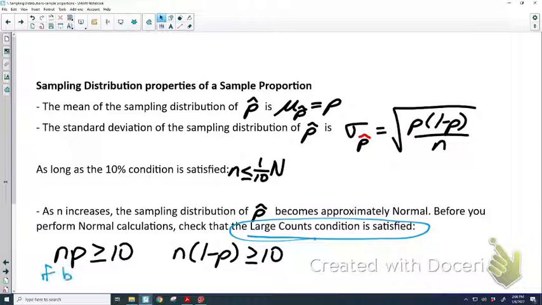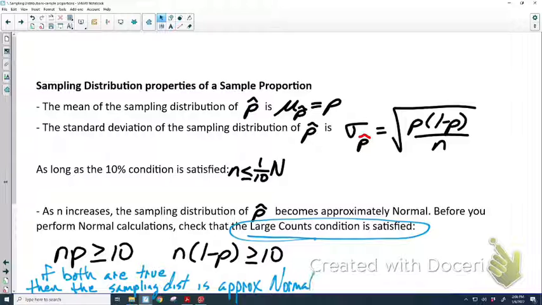If both are true, so by both, I mean n times p is greater than 10, n times its complement is greater than 10, then the sampling distribution is approximately normal.